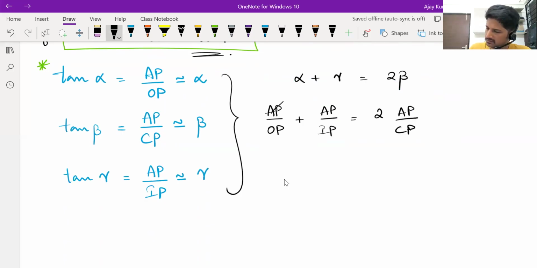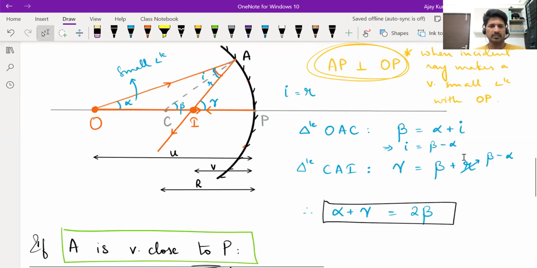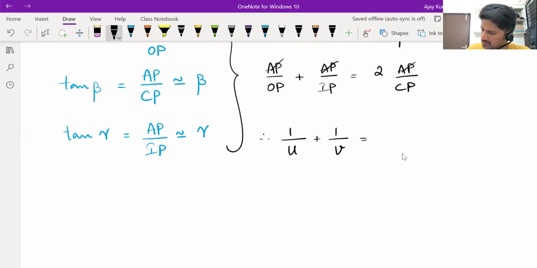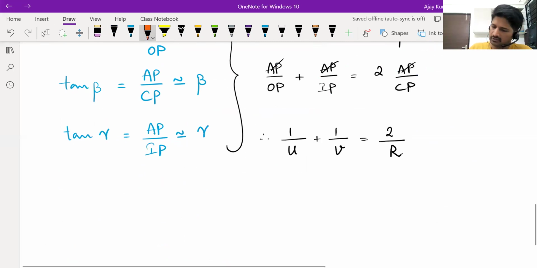AP cancels. That's all. OP is the distance of the object from the mirror, u. CP is the radius. IP is the distance of the image from the mirror, that is v. Therefore, we get 1 by u plus 1 by v is equal to 2 divided by the radius. That's all.